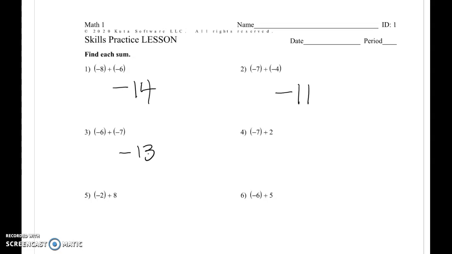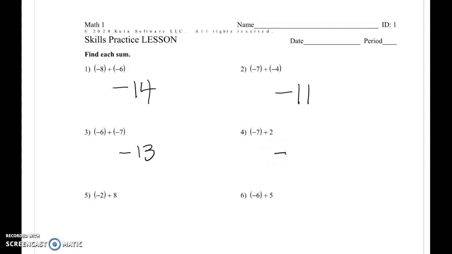The sign of our answer is going to be the same sign as the bigger number. If you're just looking at the numbers themselves, regardless of sign, 7 is bigger than 2. And because 7 is bigger than 2 and 7 is negative, the sign of our answer is going to be negative.